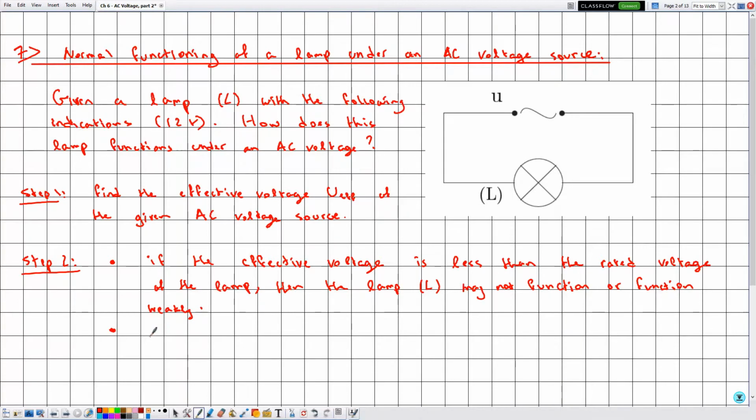The second case: if the effective voltage is equal to the rated voltage of the lamp, then the lamp L will function normally.